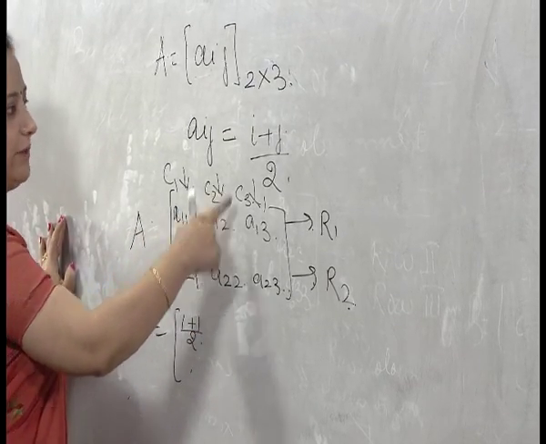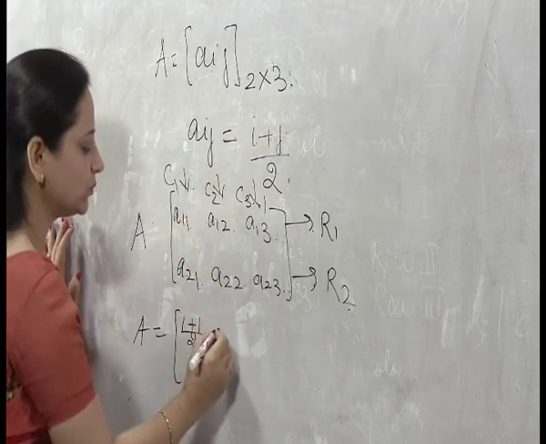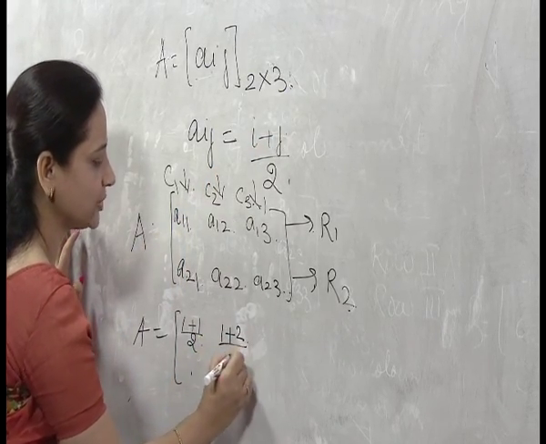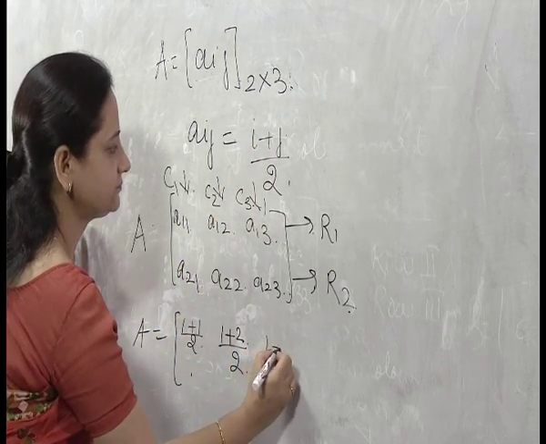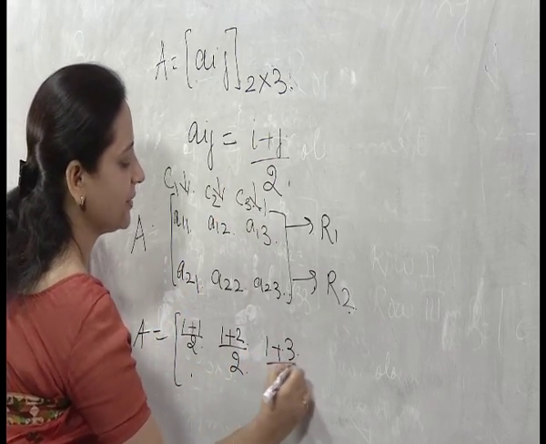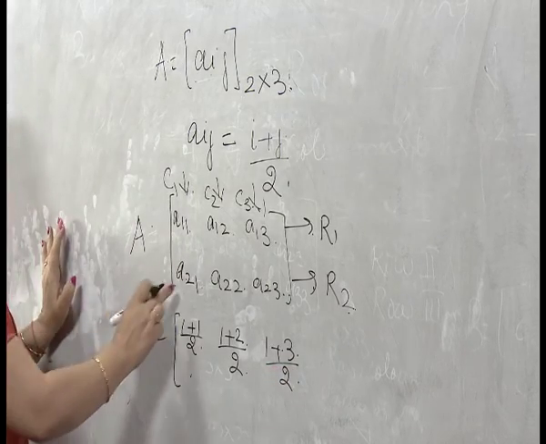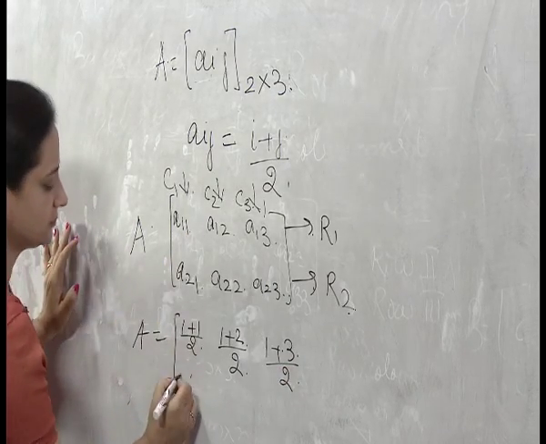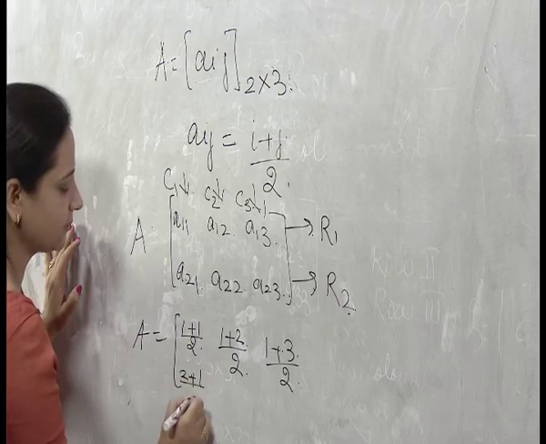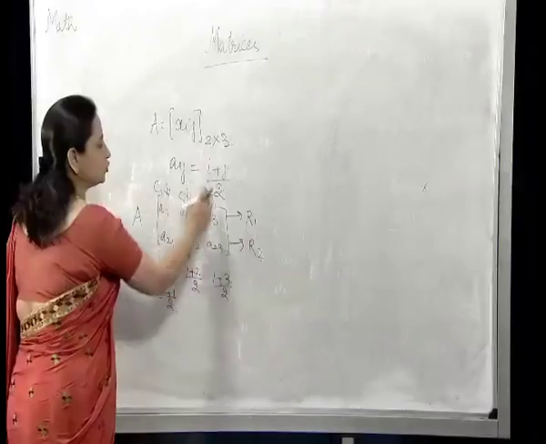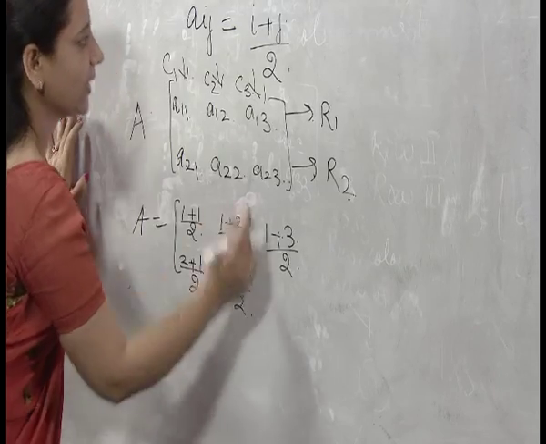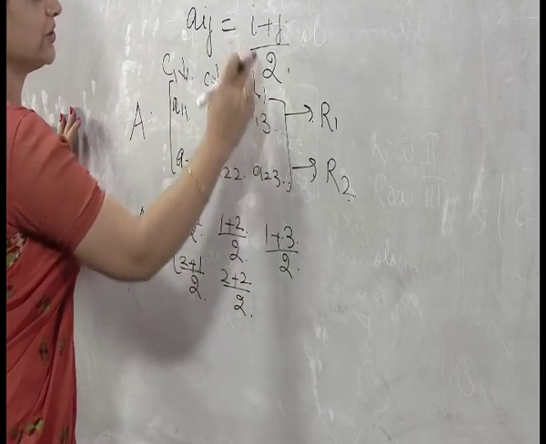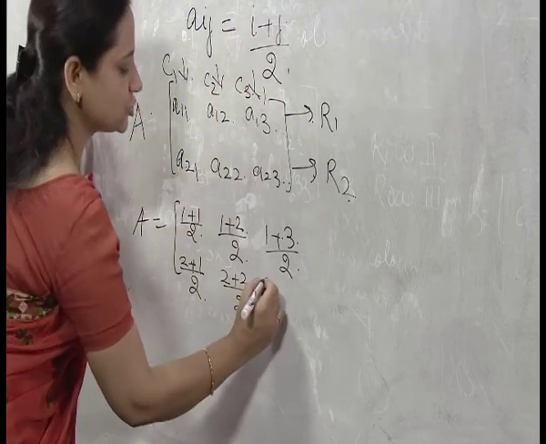Now A12 will be (1 plus 2) by 2. Similarly, the third one, (1 plus 3) by 2. Now A21, (2 plus 1) by 2. A22 again (2 plus 2) by 2. And this is A23, (2 plus 3) by 2.